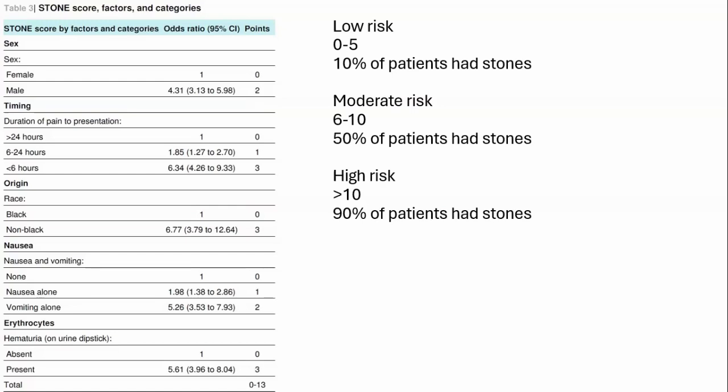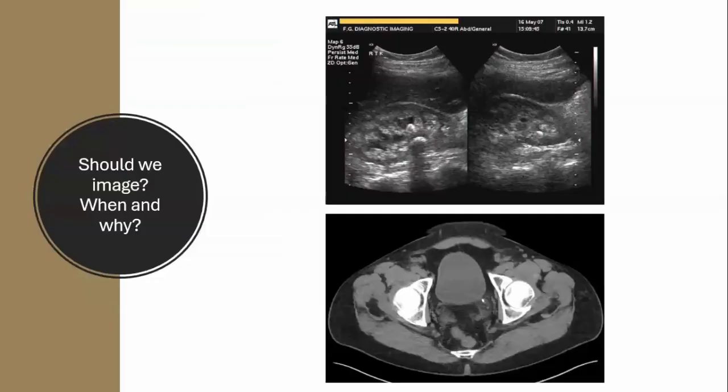And if you have a score of more than 10, 90% of patients had stones. Okay, obviously, you need to take into consideration radiation exposure and those type of things. But with this, you're probably not going to scan your patient unnecessarily.